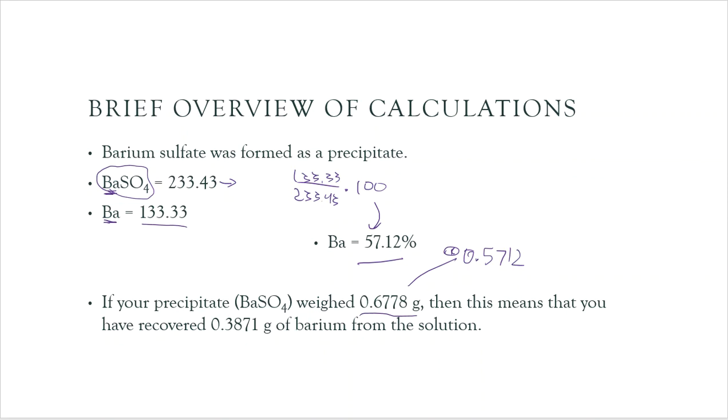When you do that calculation, you should end up with 0.3871 grams of barium from the solution. Again, the 0.6 represents the total compound. The 0.38 represents the mass of just barium. And that barium is how much was in solution.